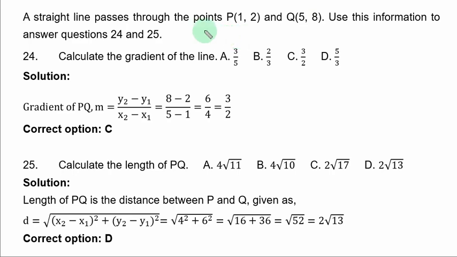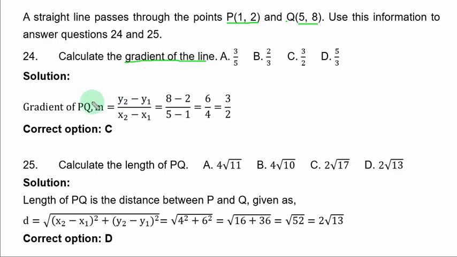A straight line passes through the points P with the ordered point or coordinate (1, 2) and Q (5, 8). Use this information to answer questions 24 and 25. Question 24. Calculate the gradient of the line.